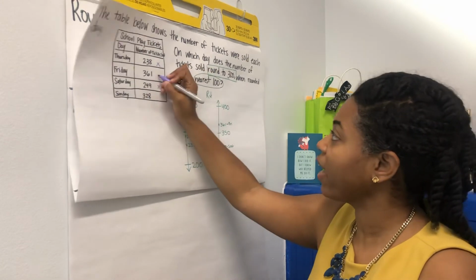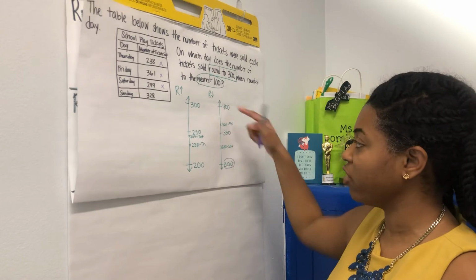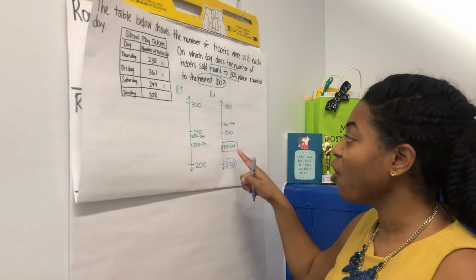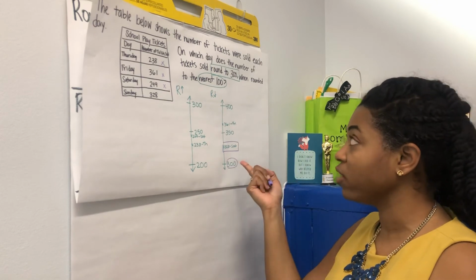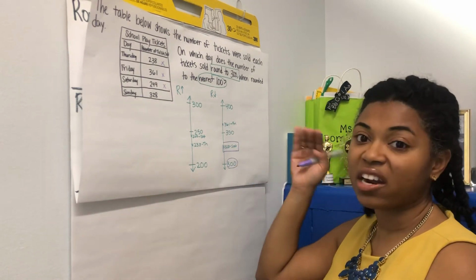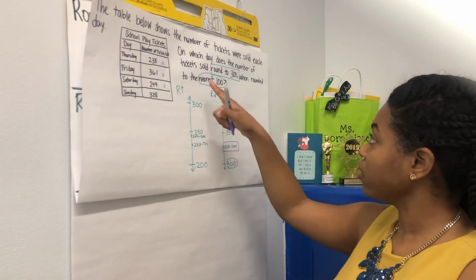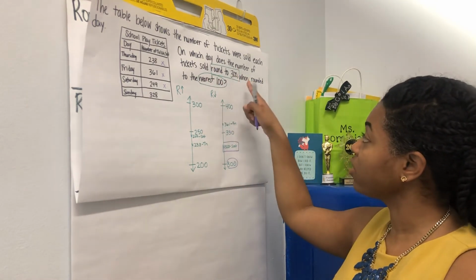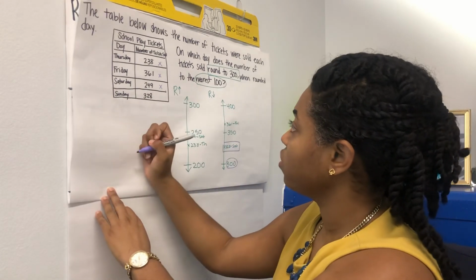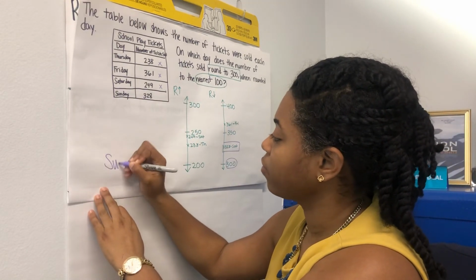It can't be Friday, because that's going to round up to 400. It has to be Sunday's amount, 328. I know 328 rounds to 300 when rounding to the nearest 100 because it's closest to 300 and not above the midpoint. The answer is Sunday.